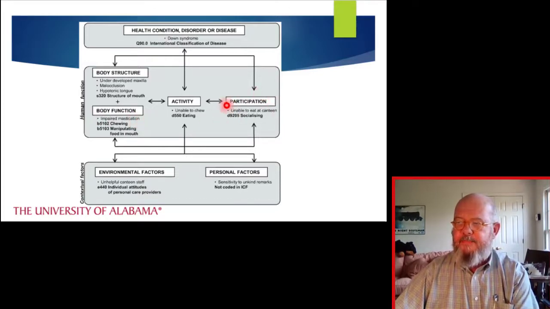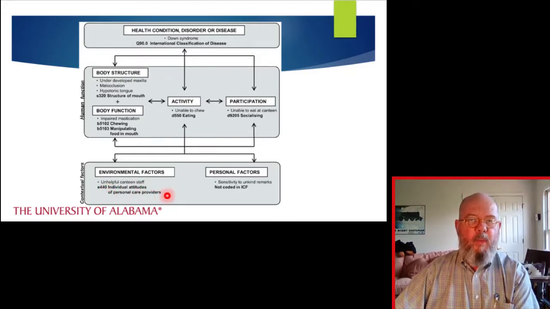If we go over to participation, in socializing, there's a code for socializing, and the child is unable to eat at the canteen, that is like the dining area, and that is because the child is unable to chew. Some environmental factors are coded: there are individual attitudes of personal care providers, that has a code, and that is because the canteen staff are unhelpful.